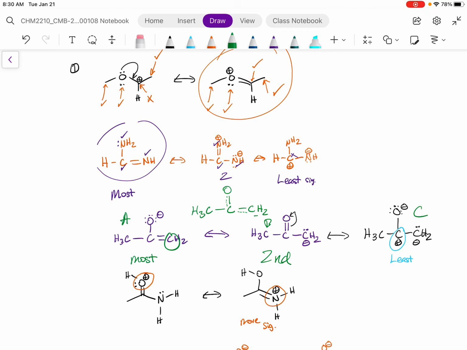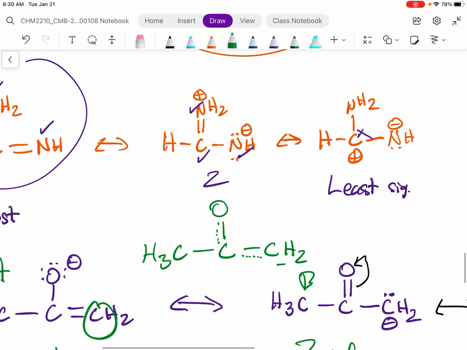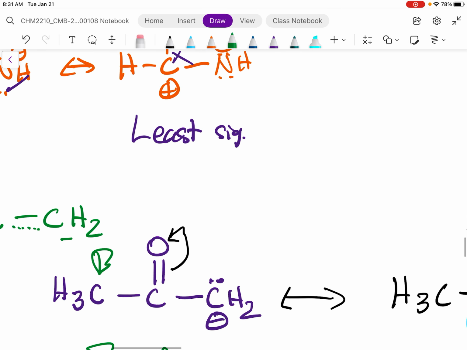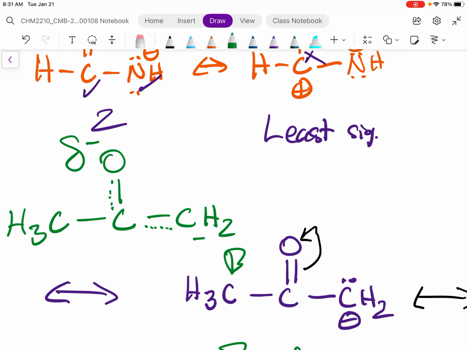Since that's the most significant, this structure right here, where's that negative charge at? The oxygen. So what we're going to do is draw a very nice big partial negative on that oxygen. But then in the second resonance structure, the negative charge is on the carbon. But that's not the most significant. So we're going to draw on the resonance hybrid a smaller delta minus to help illustrate what the resonance hybrid looks like.